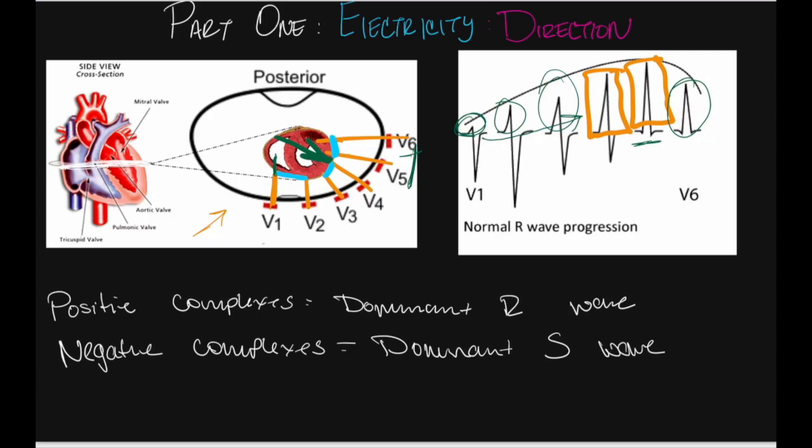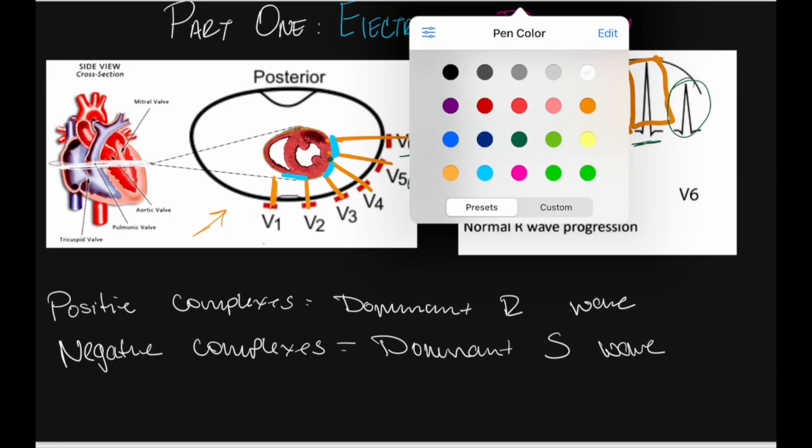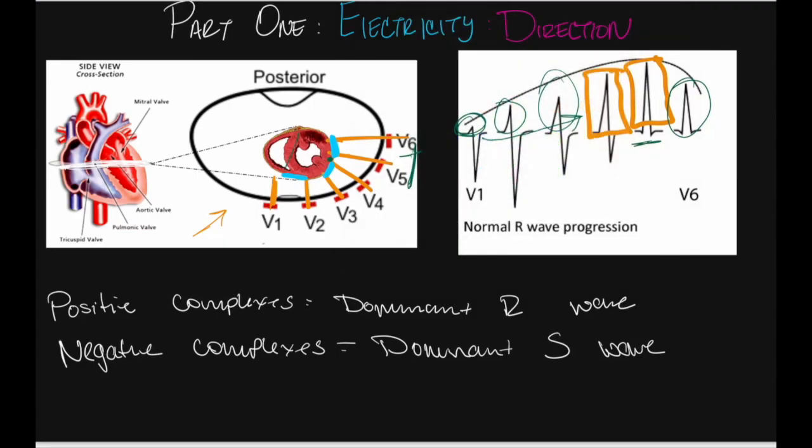So then the question becomes, well, what happens if, say, the electrical activity of the heart switches? What if, for some reason, we get a dominant rightward electrical vector? So say the right ventricle is working too hard, there's a pulmonary embolism, or we have right ventricular hypertrophy. How would that change the standard pattern that we see?